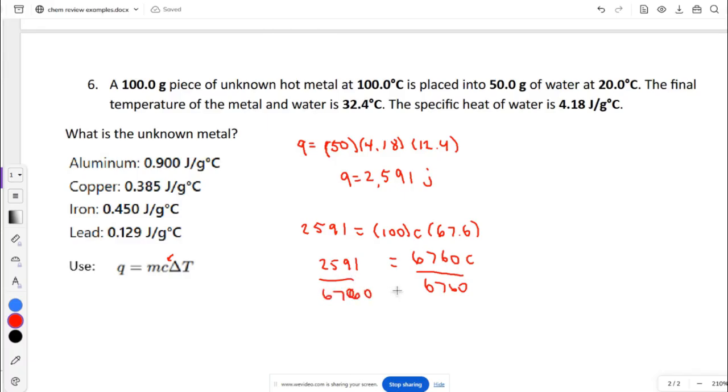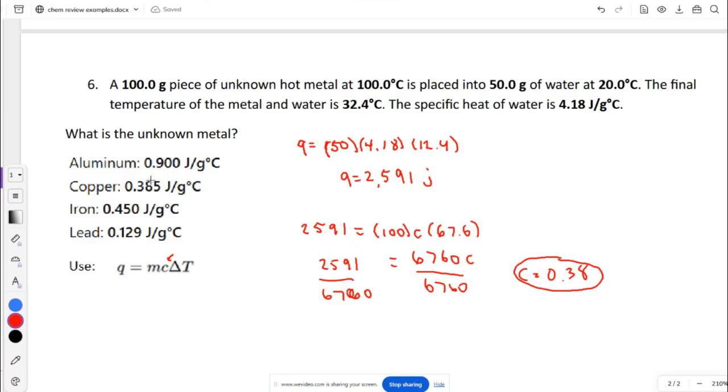And when we do that, 2591 divided by 6760 equals, I get 0.38. So C equals 0.38.